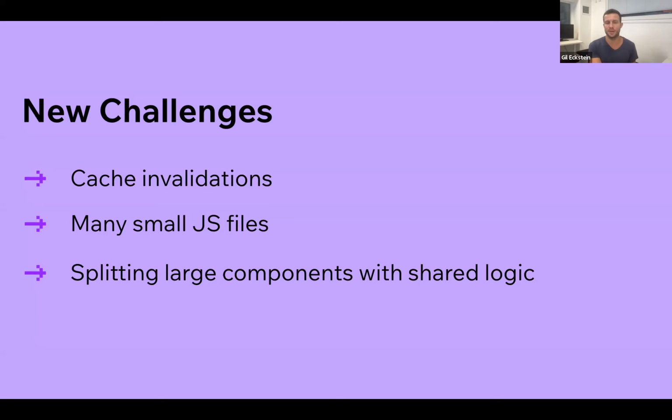And the third challenge that we also tackled and solved is splitting large components with shared logic. My example of the button works for many components, like button, image, or the text component.